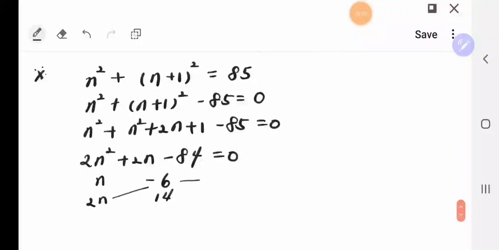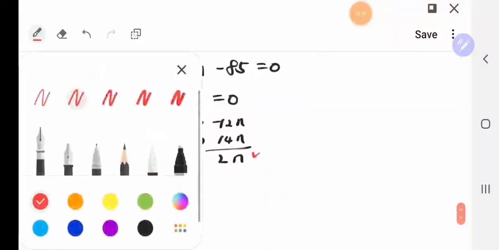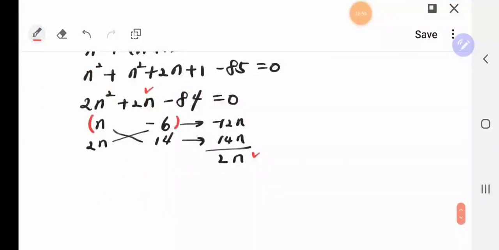So that this will be negative 12n, and this product is 14n. We have positive 2n. Okay, so 2n is the same as the second term. So this trinomial is a product of the first binomial and the second binomial. So this will be n minus 6 times 2n.